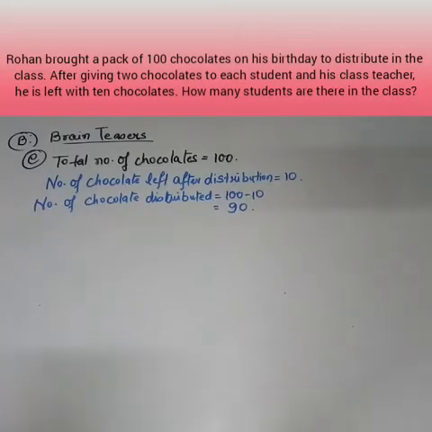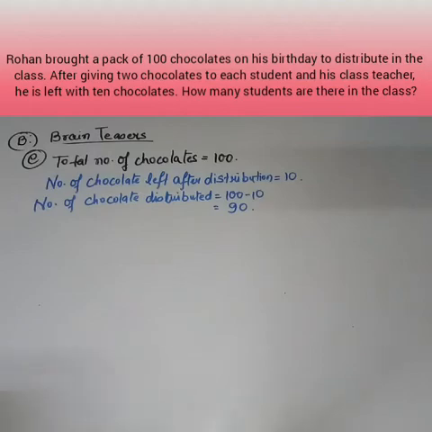See the next one, that is question number E. Rohan bought a pack of 100 chocolates, that means the total number of chocolates is 100, on his birthday to distribute in his class. After giving 2 chocolates to each student and his class teacher, that means he has given 2 chocolates to his class teacher also, he is left with 10 chocolates.